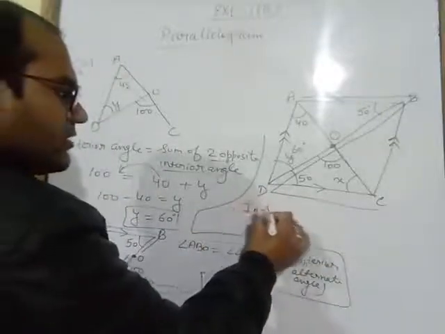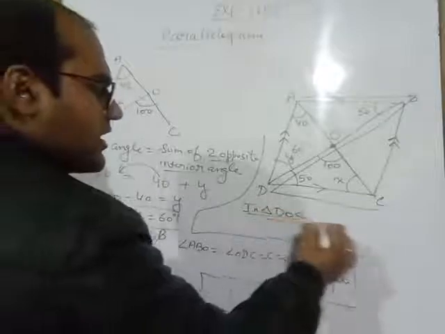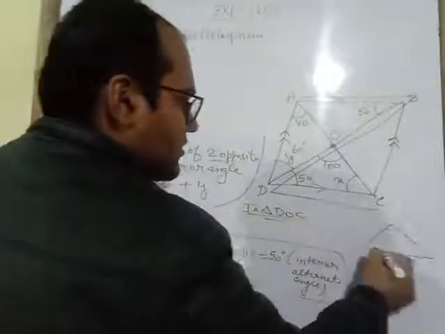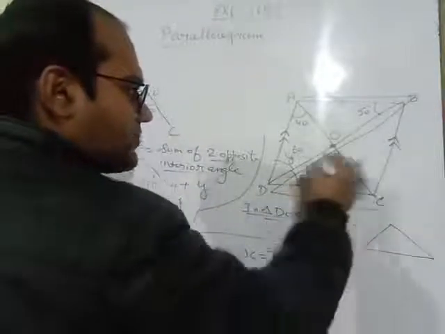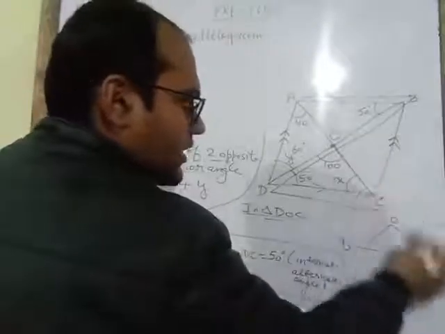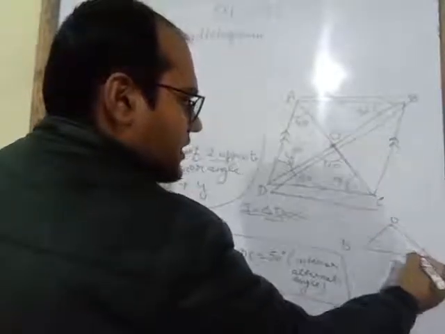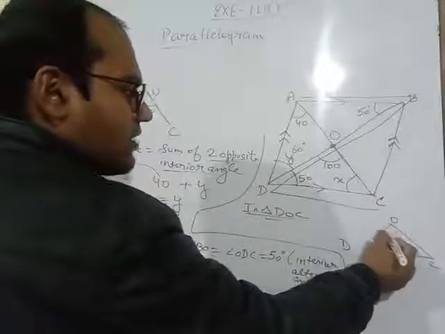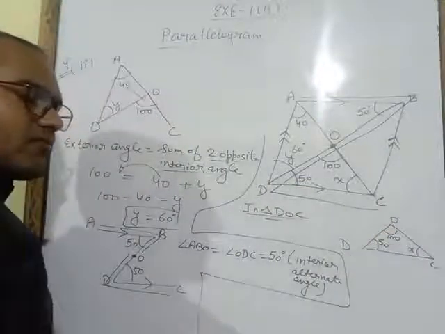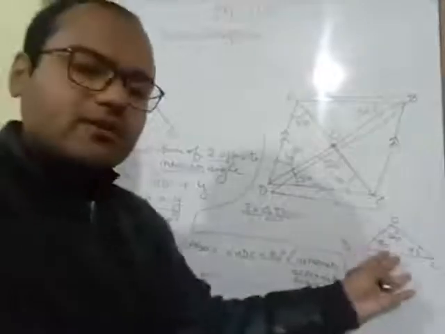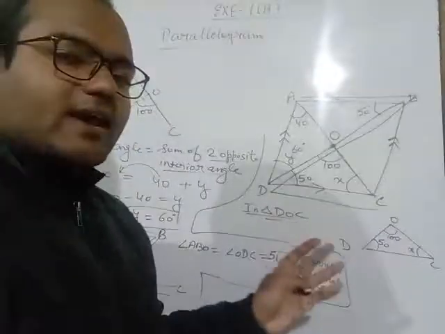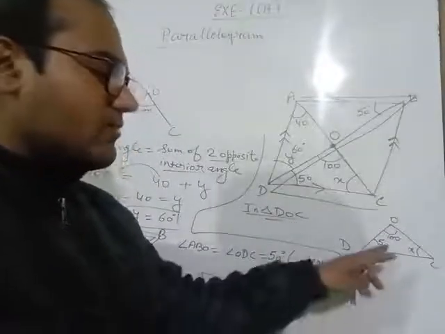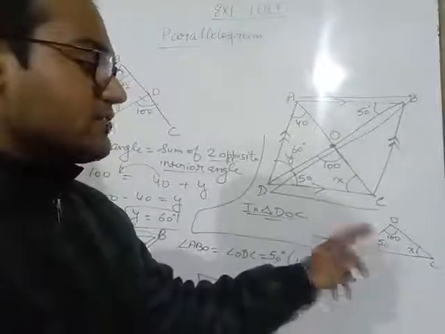In triangle DOC, we will draw the figure. Here it is D, upside it is O, here it is C, this one is X, this one we found just now, 50, and this one is already given, 100. In the figure, no need to write the names of the angles, we will put the value only.